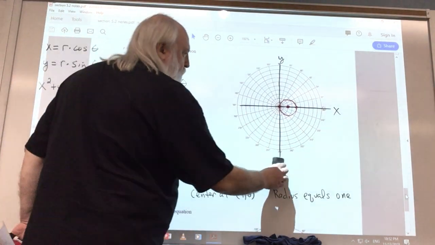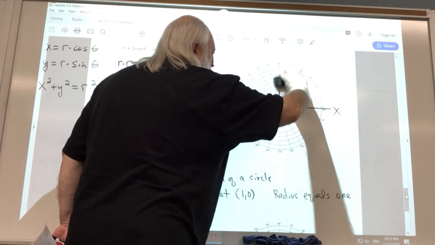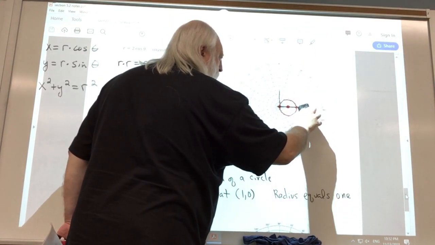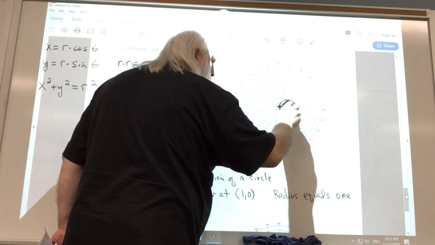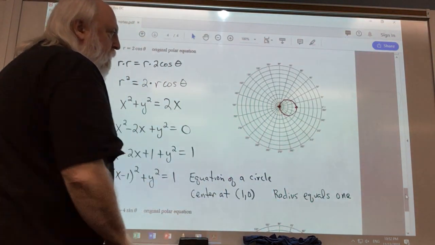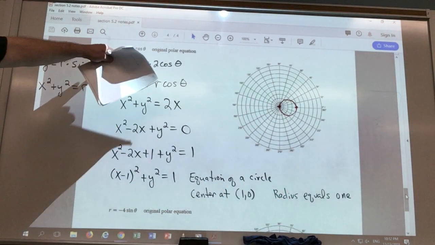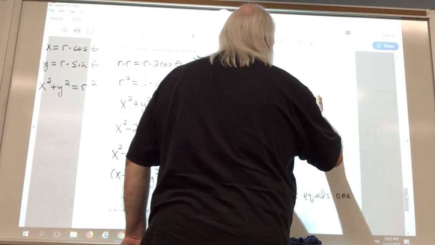So now to get the graph in just the polar grid, I gotta erase the x and y axis. Actually, I can erase the center of it. And there is the graph of r equals 2 cosine theta in a polar grid.